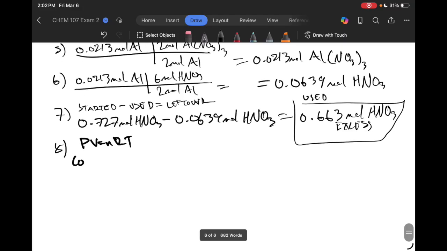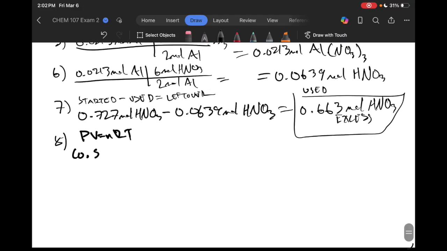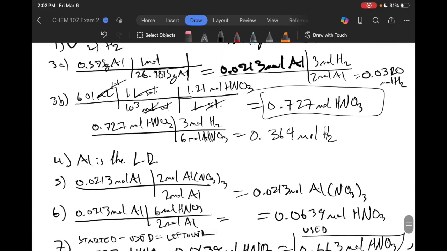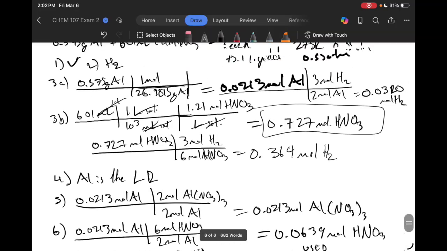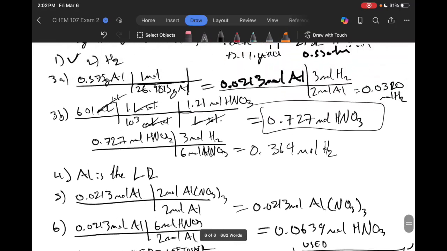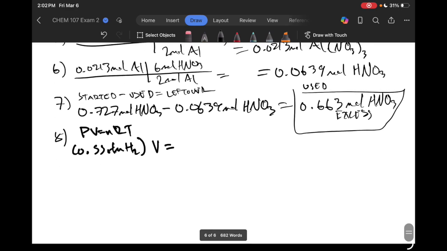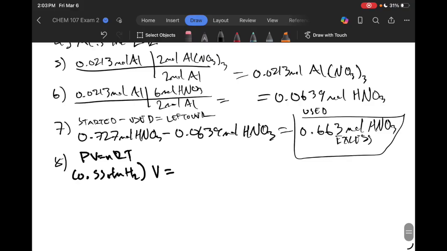So 0.55 atmospheres of H2 times our volume is equal to our moles of H2 produced, which we get from 3A. Or sorry, from 3A we get that as 0.0320. Remember how I said, box and highlight the important things? That is why.